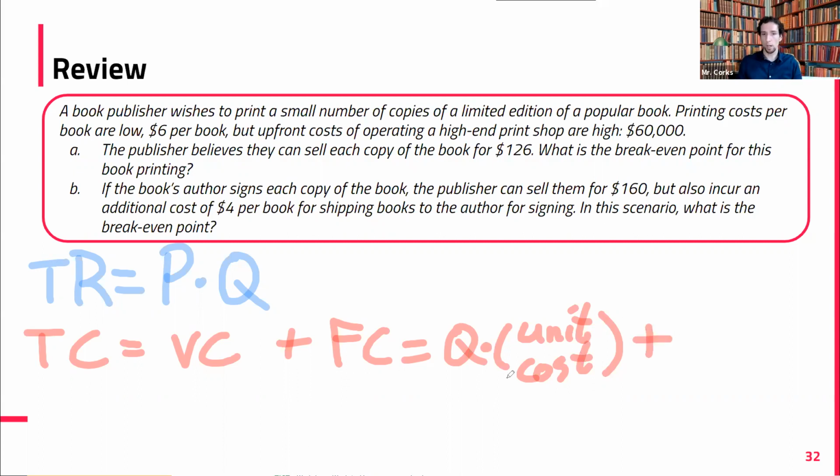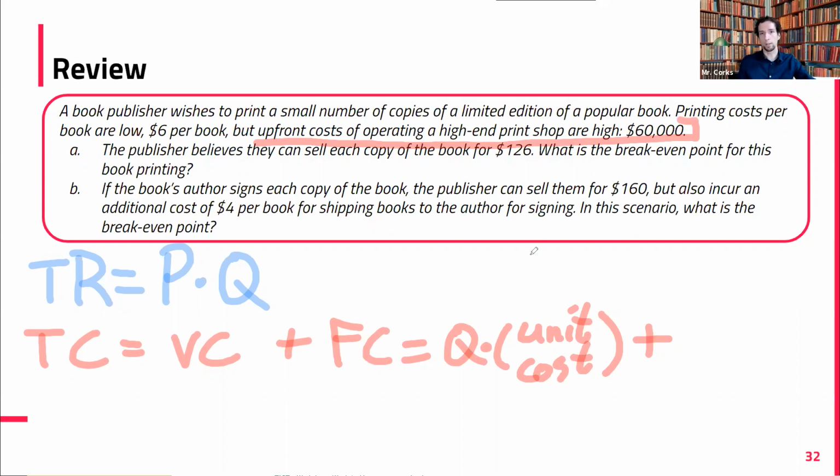Plus the fixed costs. What are fixed costs? 60,000. Okay, so in this case, it's 60,000. Fixed costs are anything that don't vary with Q, that are not dependent on Q. So in this case, it's telling us just the cost of running a print shop, because you have to pay the people who work there.